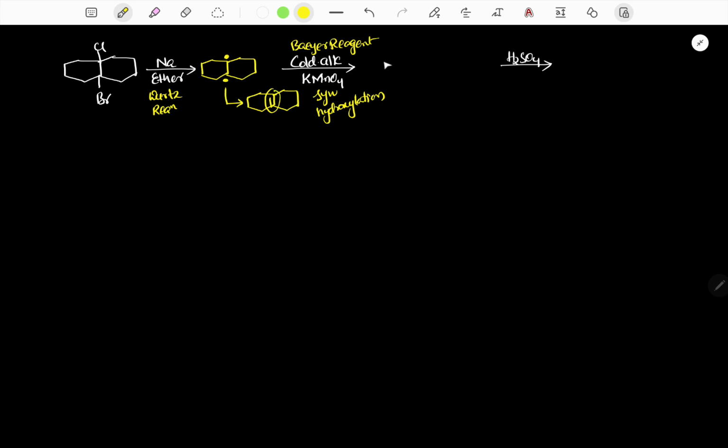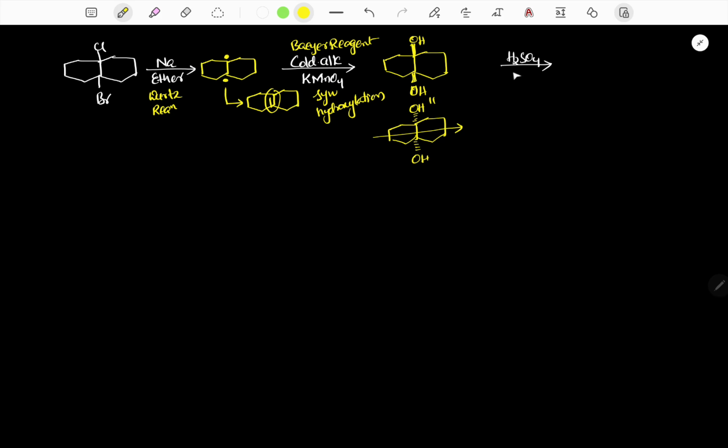Therefore, at this double bond carbon, we have to add simply two OH groups. Both are cis, both above the plane or both below the plane. Of course, these two molecules are the same if I rotate the molecule about this axis.